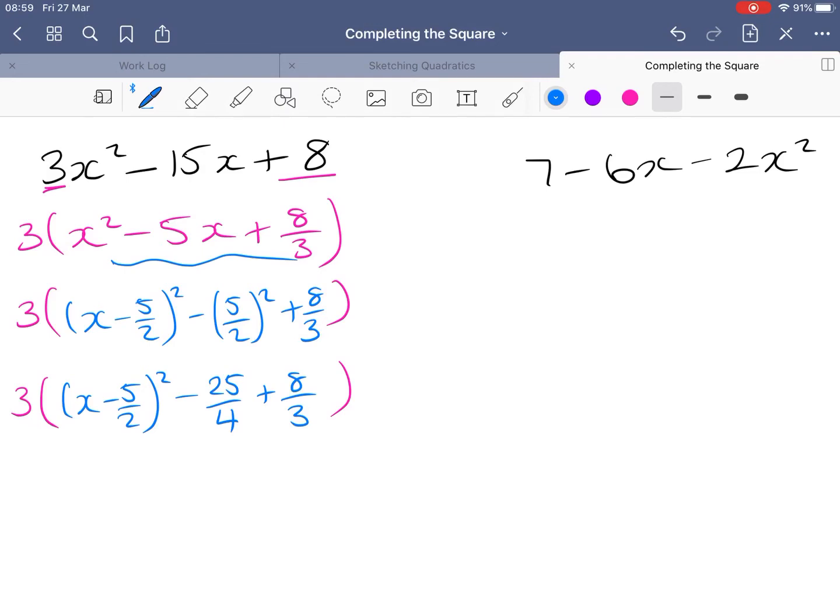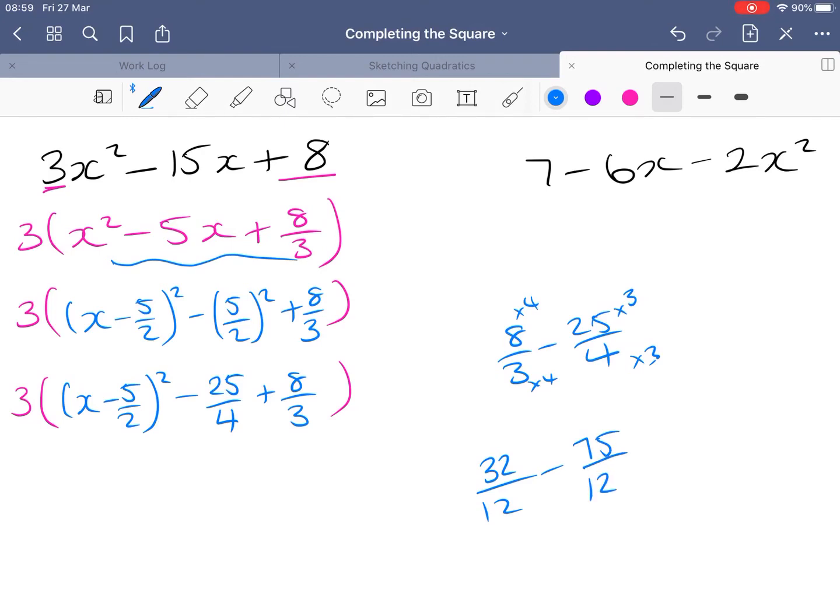Now I've got to admit, I haven't got my calculator to hand, so I'm just going to have to do this the old-fashioned way. So 8 thirds take away 25 quarters. I'm going to have to times by 3, times by 3, times by 4, times by 4. My God, this is a blast from the past. 32 over 12 minus 75 over 12.